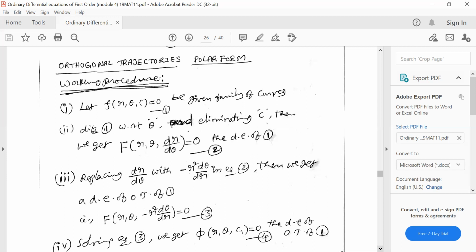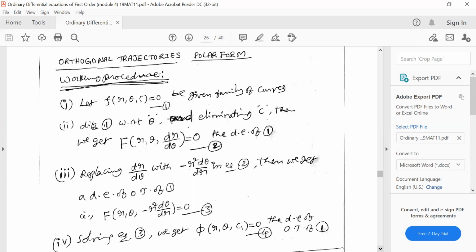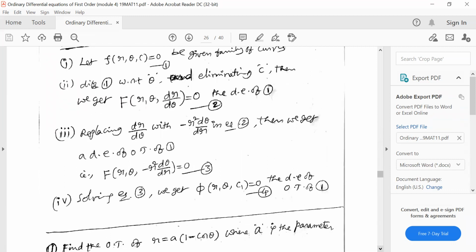So r into d theta by dr must be replaced by minus 1 by r d theta by dr. That means it should be minus r square d theta by dr. So replace dr by d theta with minus r square d theta by dr. Then whatever DE is obtained is the DE of the orthogonal trajectory.